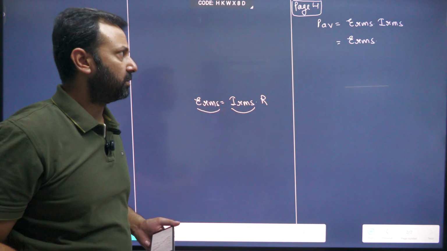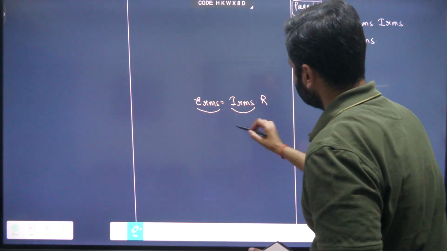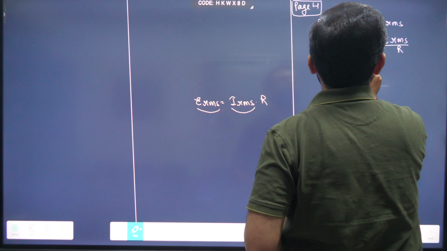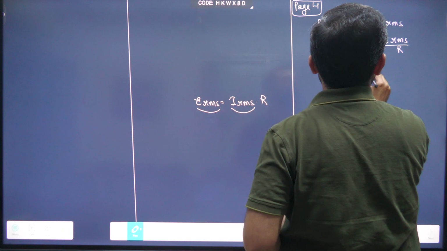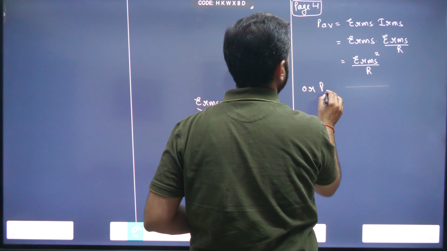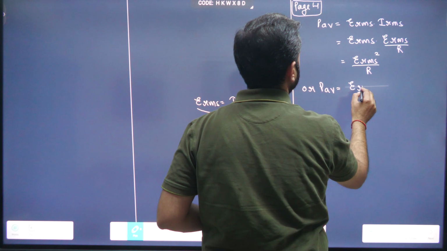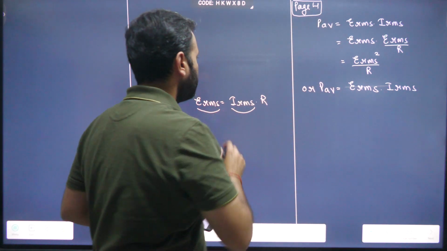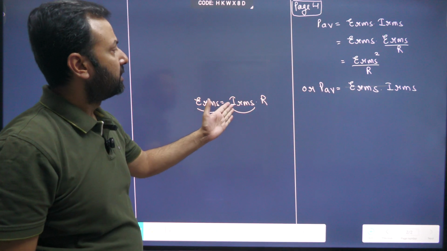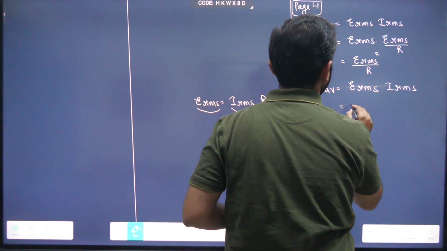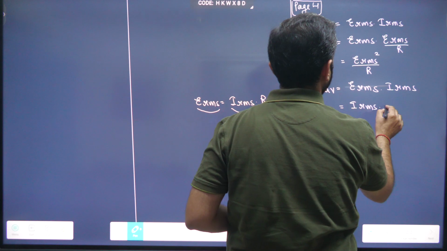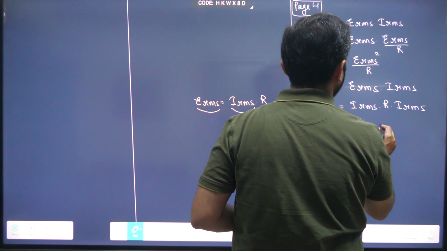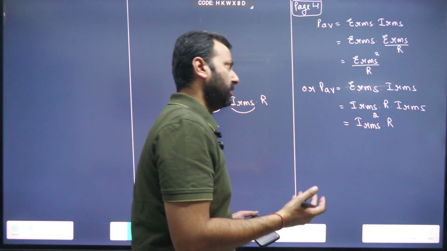This is nothing but Ohm's law. So in place of IRMS, I can write ERMS upon R, giving ERMS whole square upon R. Or P average is equal to ERMS IRMS, and in place of ERMS, I can write IRMS into R, so IRMS multiplied by R into IRMS is equal to IRMS square into R. We can write it like this also.